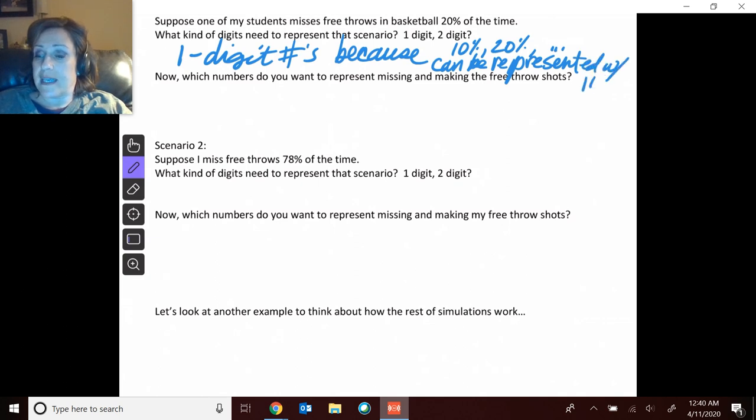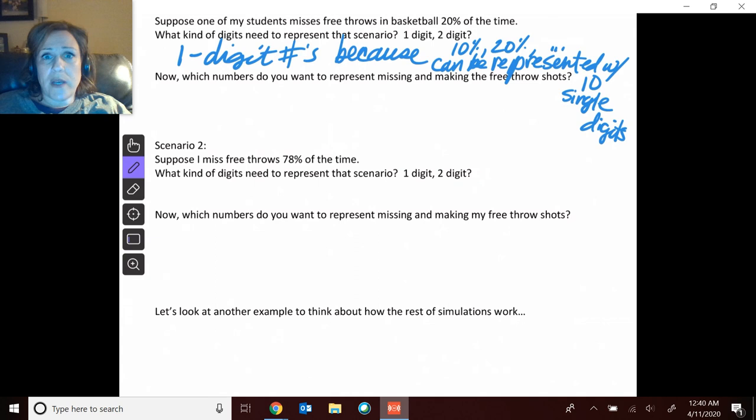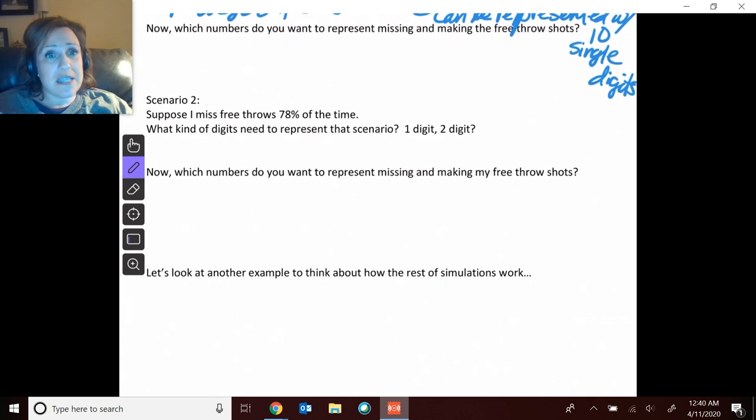Okay, with 10 single digits. All right, so how then could we represent 20%? What digits could we use to represent it? So let's let these numbers be what? Here's an example.